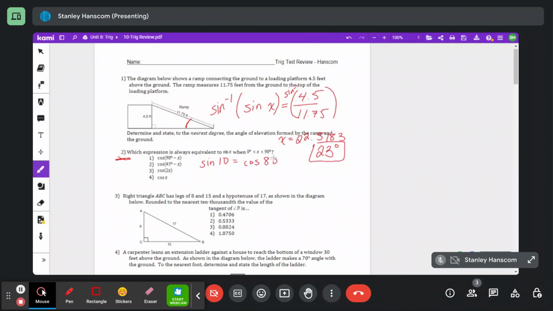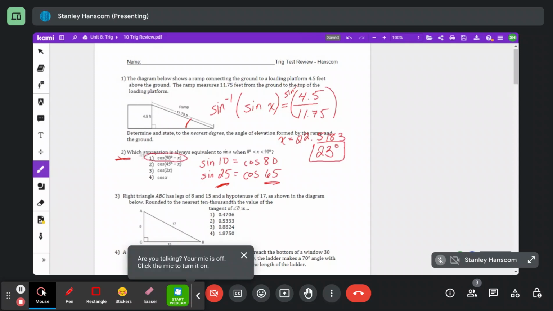Or we also have that the sine of 25 would equal the cosine of 65. So you can always take your angle and subtract it from 90. If you have sine of x, the cosine of 90 minus x would represent the complement. So that one will end up being choice 1.